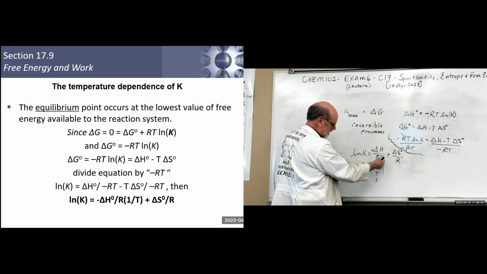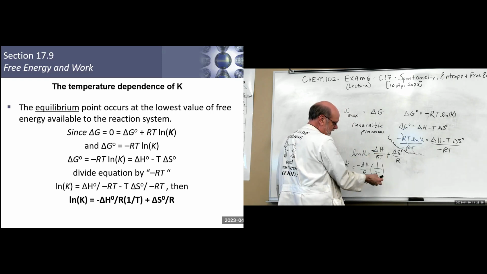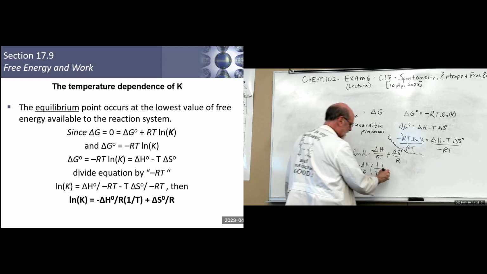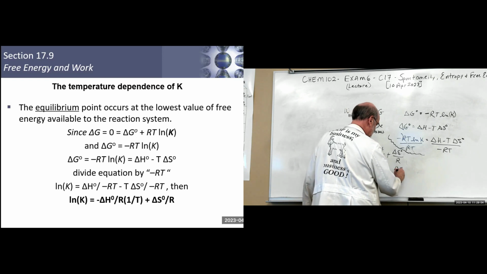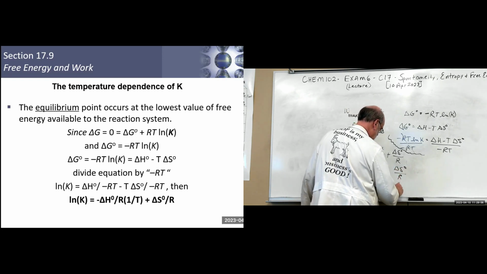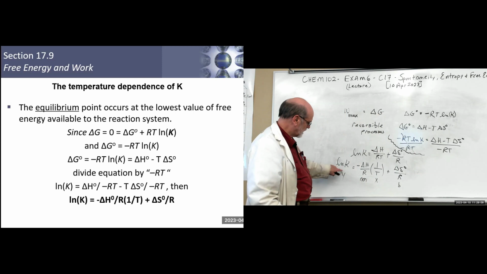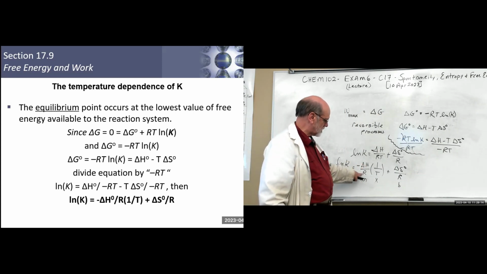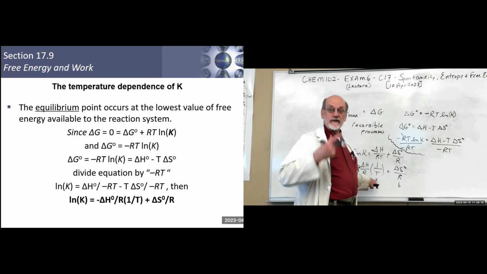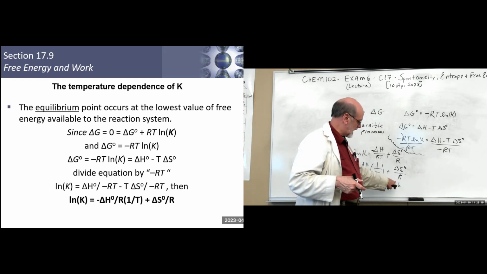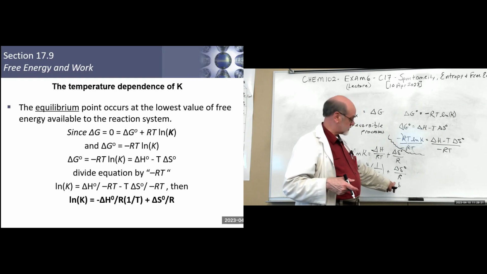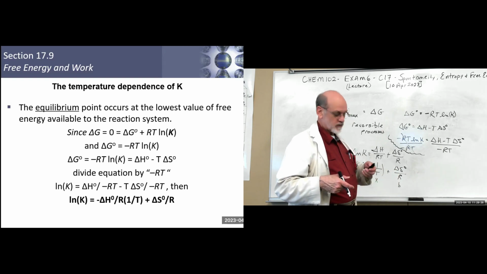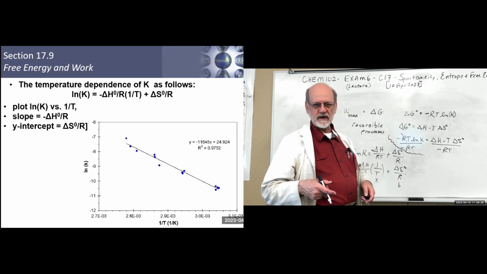See, it's in the denominator. So here's 1 over T, pull that out, and you're left with minus delta H over R. And then the B is just this one. So Y equals MX plus B. Y is log K. The slope is negative delta H over R. X values are the inverse of temperature. And the Y-intercept is delta S0 over R. So the next slide, I think, is going to plot these values. Here we go.